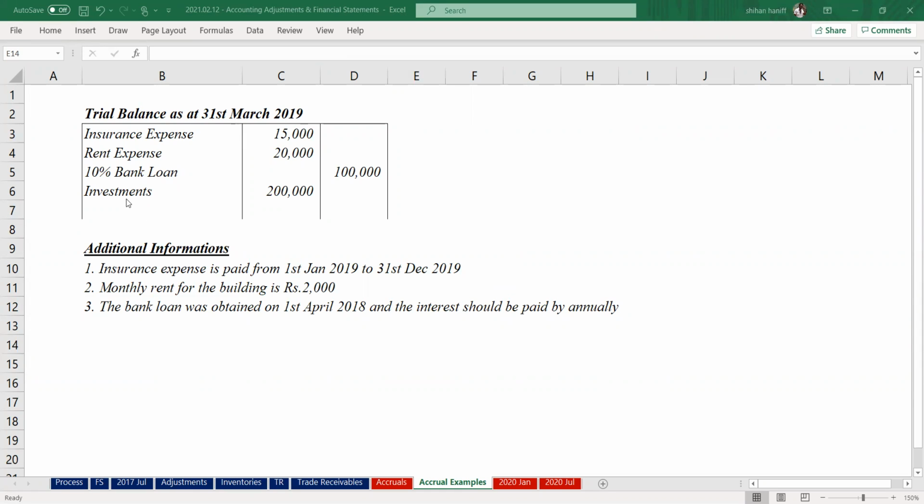Here we will have one more transaction, bank loan interest.